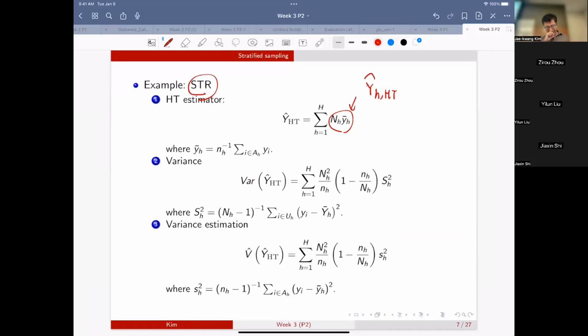And of course this one is the same story: this is the variance of the Hurwitz-Thompson estimator Y hat, and I used the variance formula for simple random sampling.